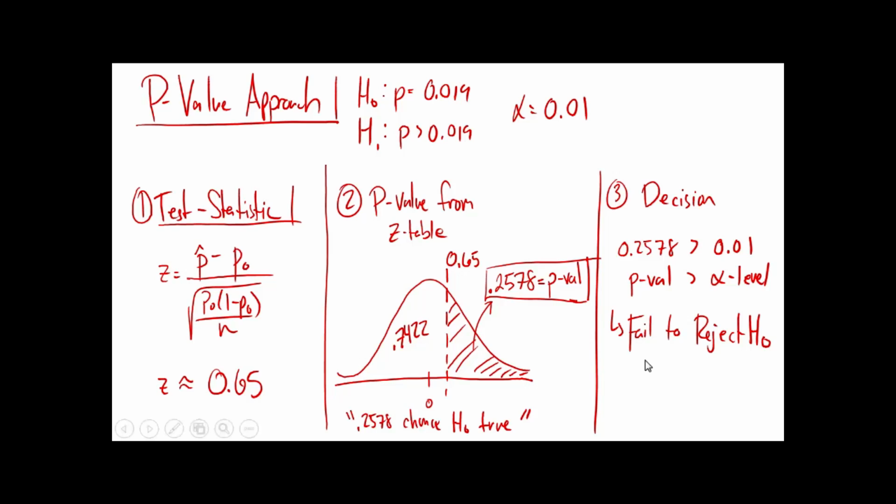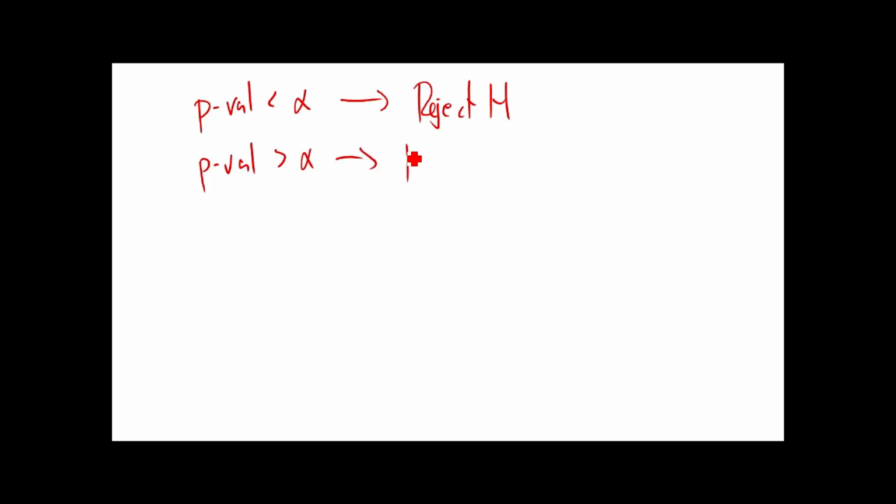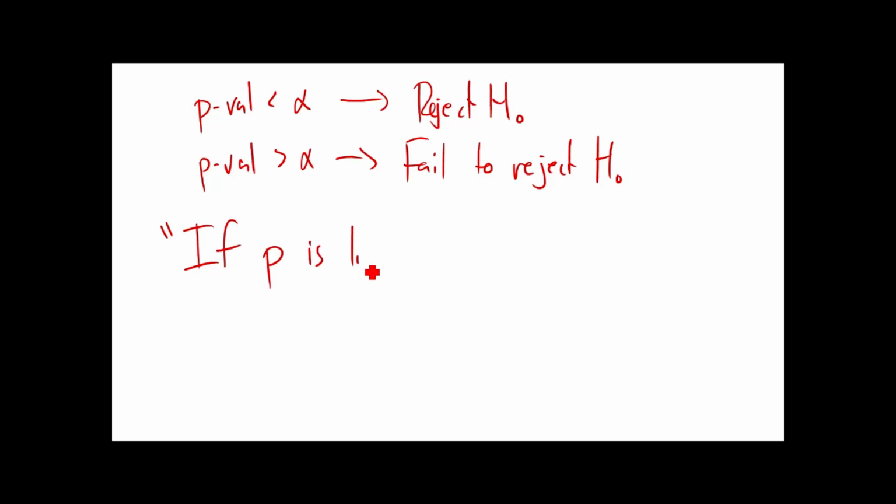All right. So the general rule for the p-value approach is, if your p-value is less than alpha, reject. And if your p-value exceeds alpha, fail to reject. One of my students one time said this is the way you remember: if p is low, null must go.